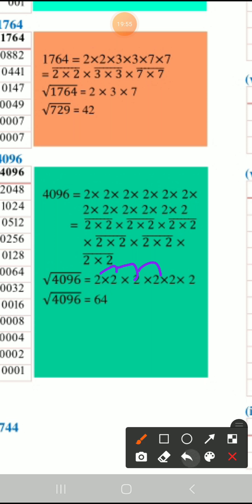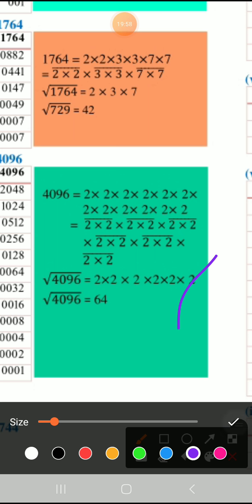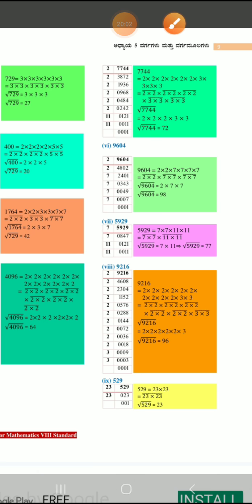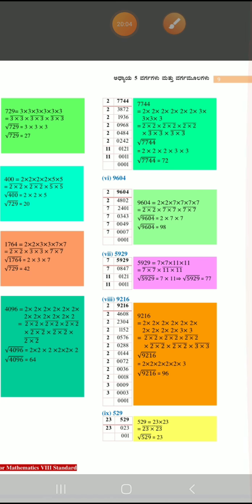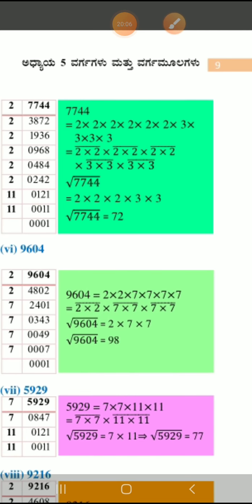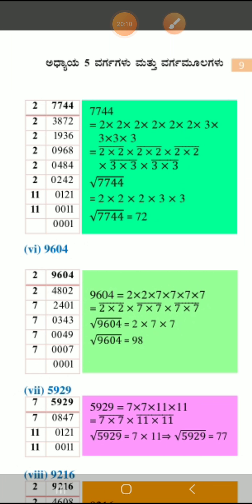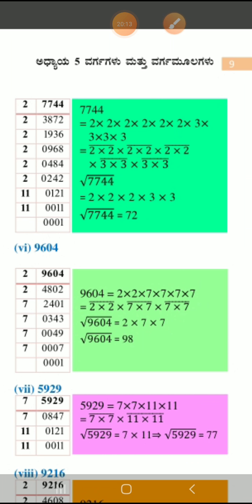Okay, like that you can solve at home, right? Kindly do it without seeing that. You can easily do that. So next problem you can see, 7744, right? So we can divide it by 2 and then in the end 11. You might have observed that don't make a single one, okay? Make pairs always, try to divide in pairs.